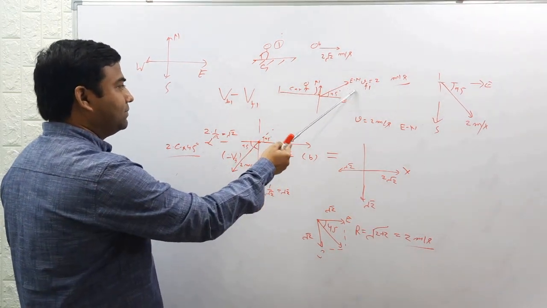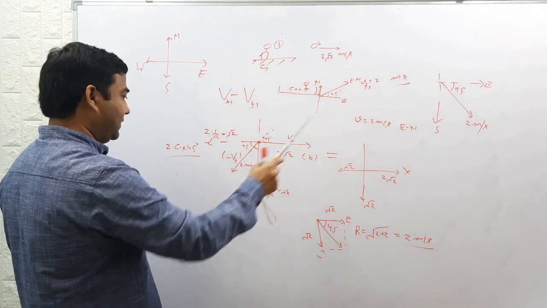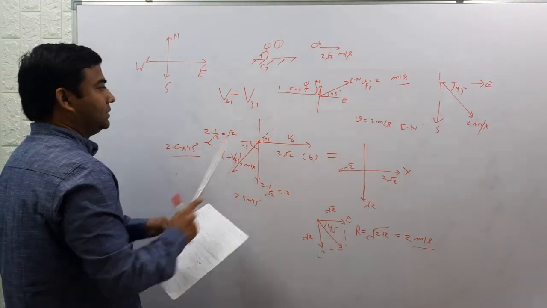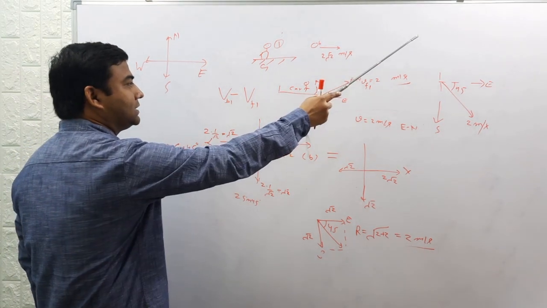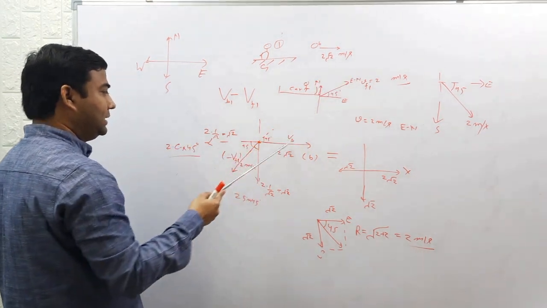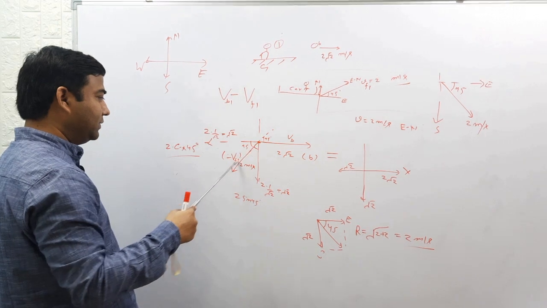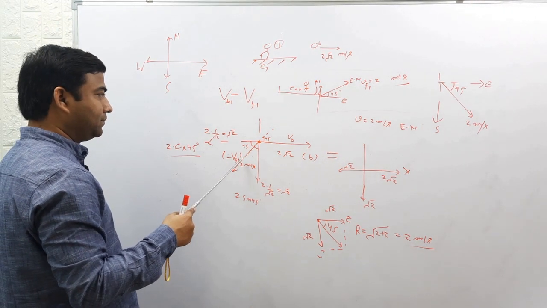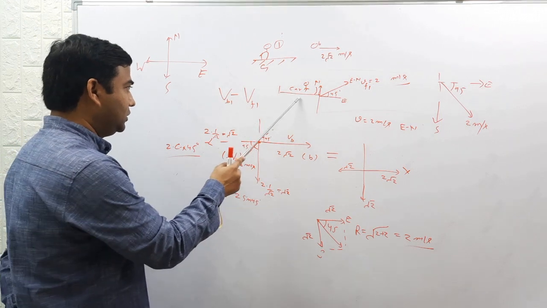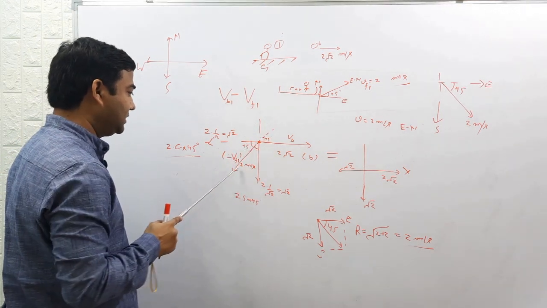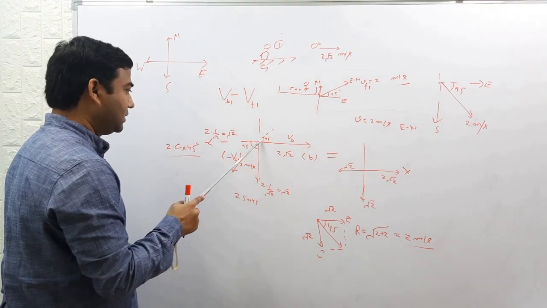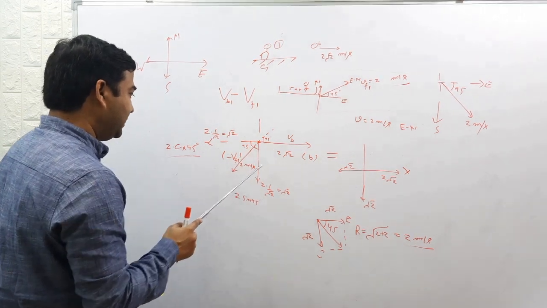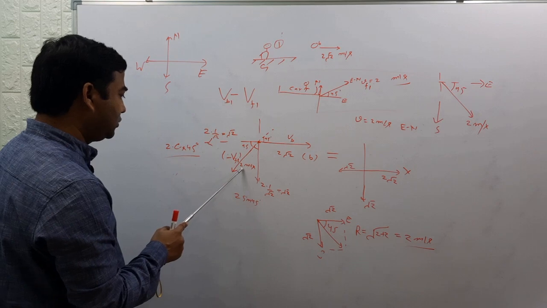So we have taken minus Vf1. Vf1 was in this direction, east north. So minus vector will be reverse in this direction. So we have reduced velocity of car, that is this velocity, from velocity of ball, that is this velocity.